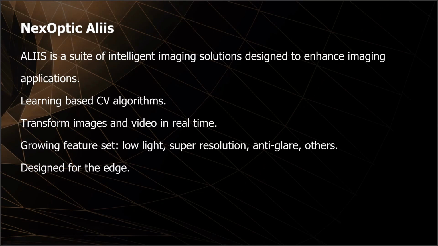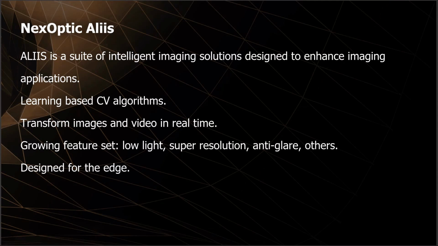Nexoptic's ALIIS is a suite of intelligent imaging solutions designed to enhance imaging applications. More specifically, it's a set of learning-based computer vision algorithms that use convolutional neural networks, or CNNs for short, at their core, similar to the popular LeNet and AlexNet Kevin mentioned previously. Unlike the two CNNs mentioned above, ALIIS is not designed to perform classification tasks like object detection or facial recognition.